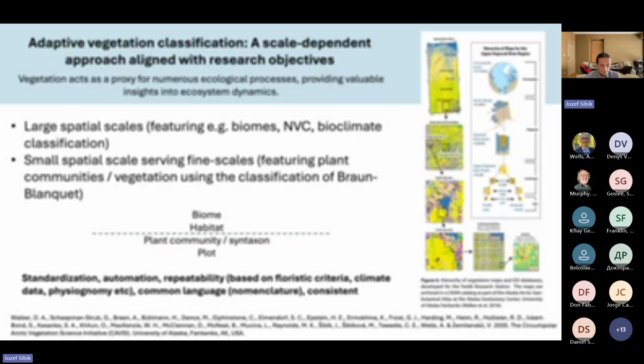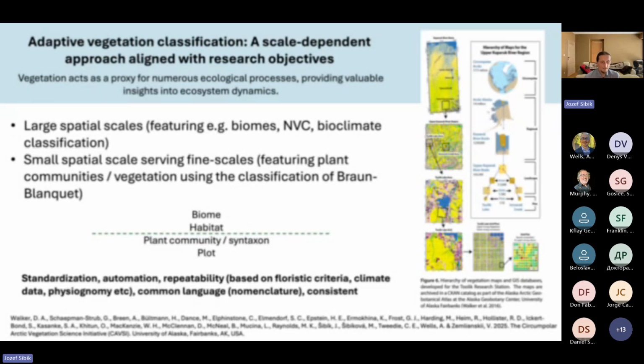And of course, the important thing is that this system must be somehow standardized. They can allow us to be automated. So automation must be a need. They must be repeatable. That is a very good system for the Braun-Blanquet approach based on floristic criteria.